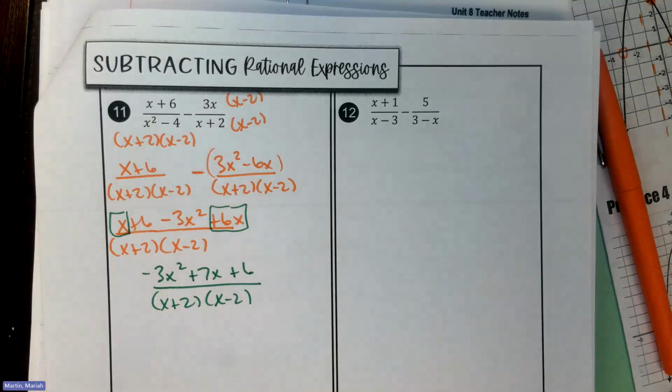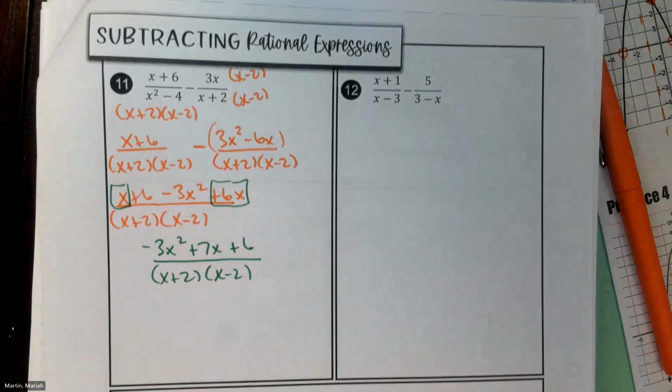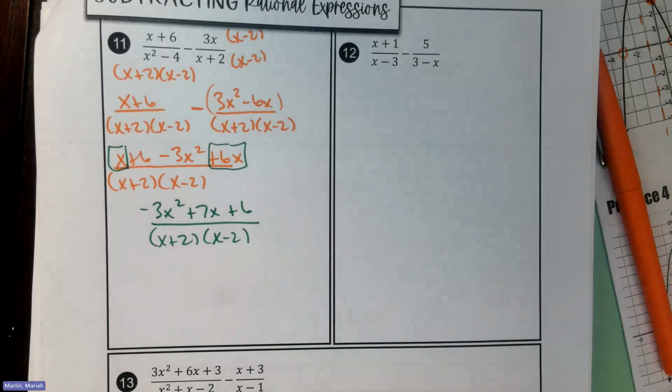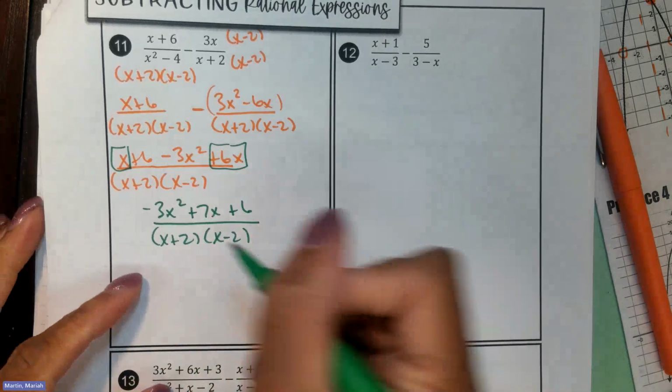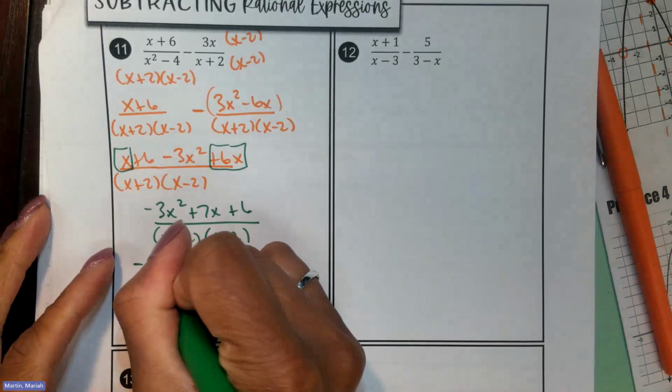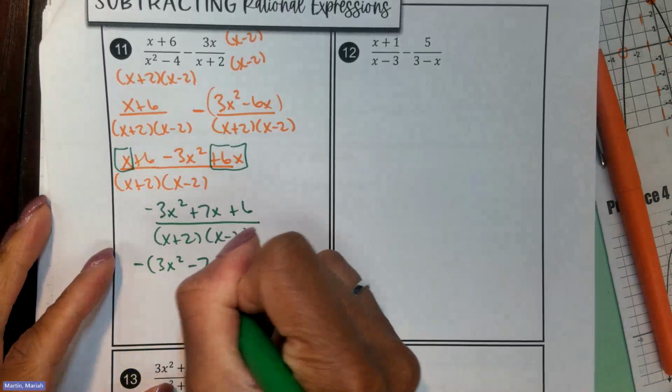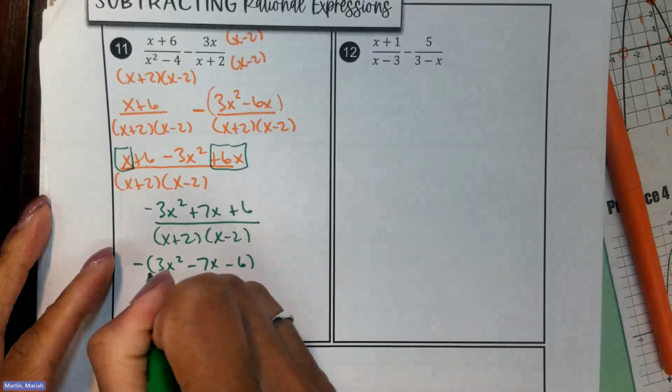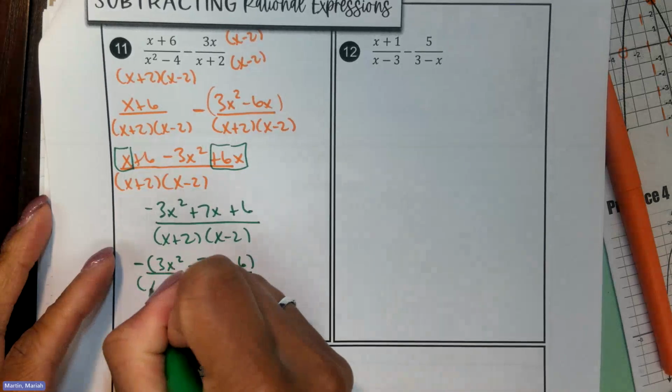Now we need to see if I can factor my numerator. All right. Okay, so from here, I'm going to factor out my negative first. So that changes all the signs on the inside. So there's one way you can write your answer.